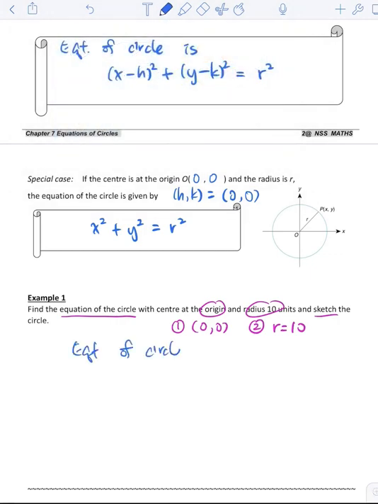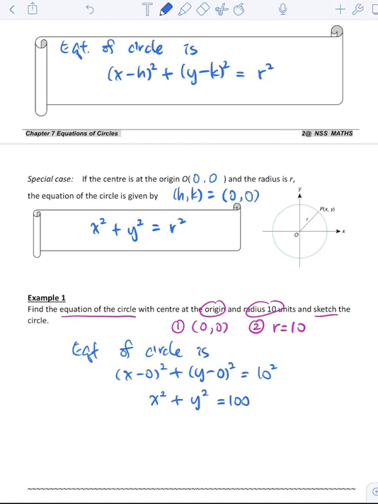So we can just write the equation of the circle as (x minus 0) whole squared plus (y minus 0) whole squared equals 10 squared. And then we get x squared plus y squared equals 100, which is the equation of the circle.